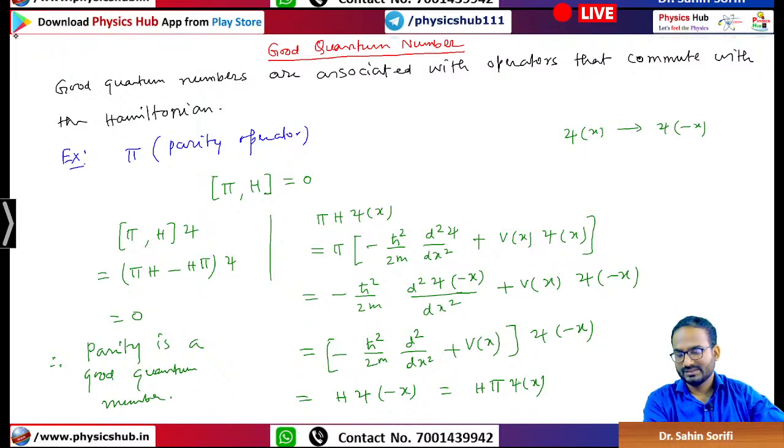In the next section, we'll be dealing with quantum mechanical postulates. That is also very important, but those postulates will involve these concepts only, commutators, operators, and all those things, which you have learned very well.